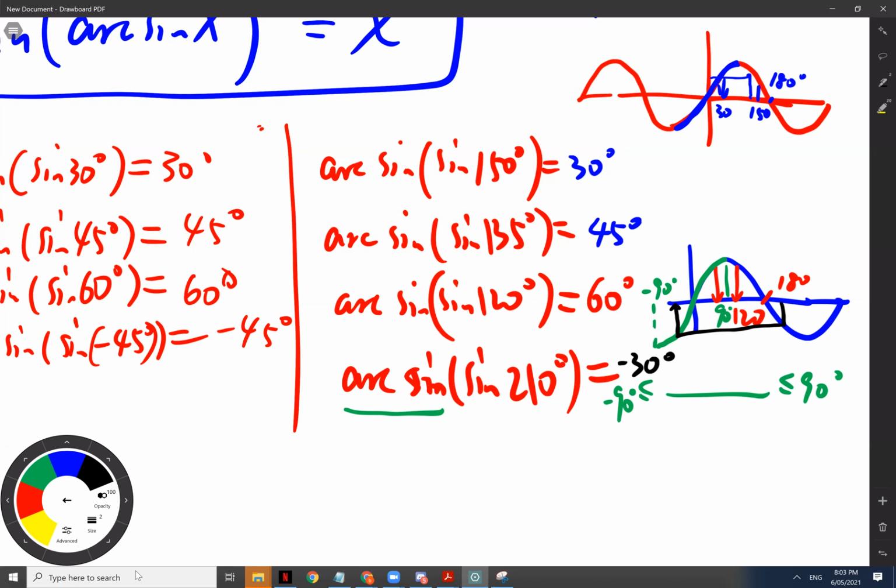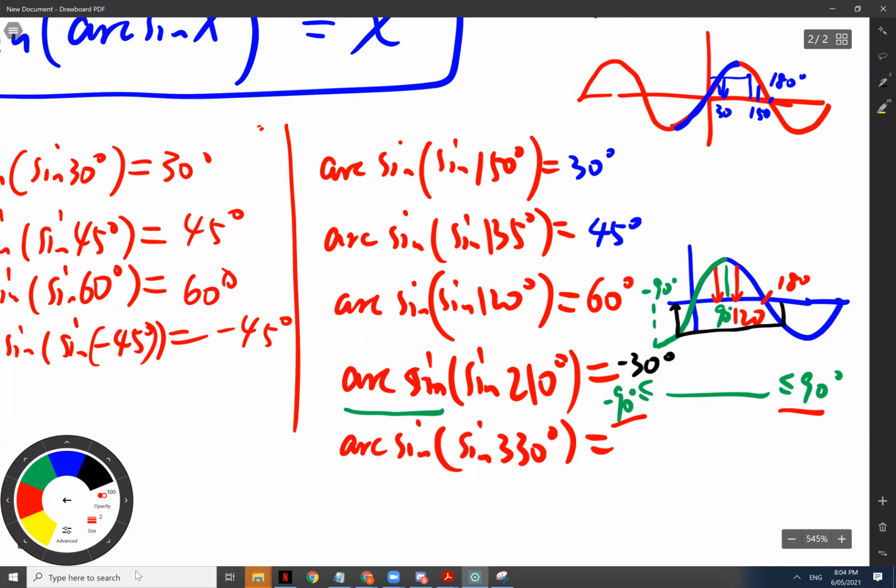Okay, how about another one? Arcsin sine 330. -150. Let's have a look. The answer must be between -90 and 90. So -150 is not right. This is 360, 330 is right here.